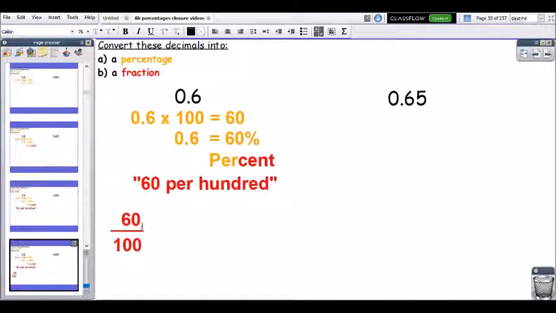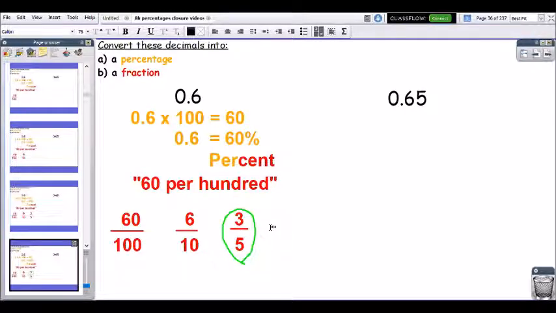So simplifying 60 hundredths, let's divide the numerator and denominator by 10 to get 6/10, and I can actually simplify it some more because they're both even numbers, so I know I can divide both of these quantities by 2. So 3/5 is my final answer. So 0.6 as a fraction is 3/5. So to recap, I write it as a percentage, make my denominator 100, and then simplify.